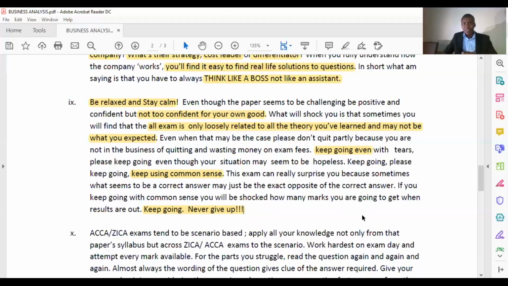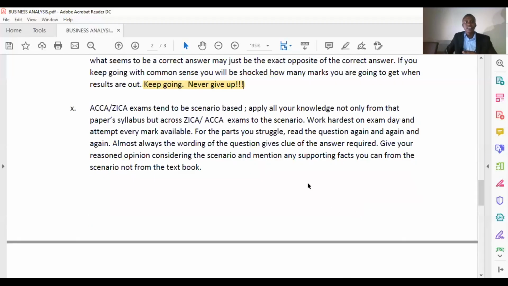Okay, the other point I'd like to share, this should be point number 10, is that ACCA and ZICA exams tend to be scenario-based. Most of the times they are scenario-based, I must mention. So what that means is that you must be able to apply all your knowledge.